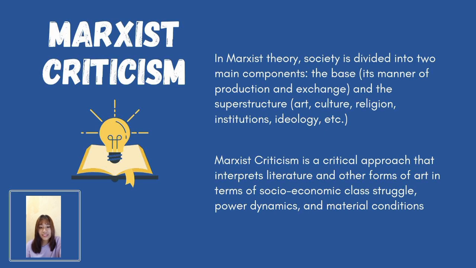It encompasses the beliefs, values, and norms that are prevalent in society and helps to shape individuals' consciousness and social behavior. Marxist criticism is a critical approach that interprets literature and other forms of art in terms of socio-economic class struggle, power dynamics, and material conditions.